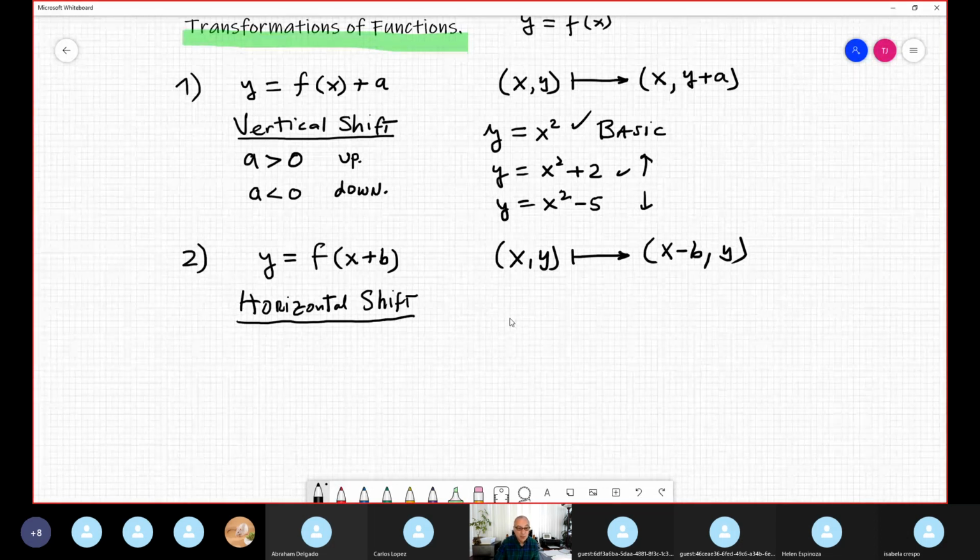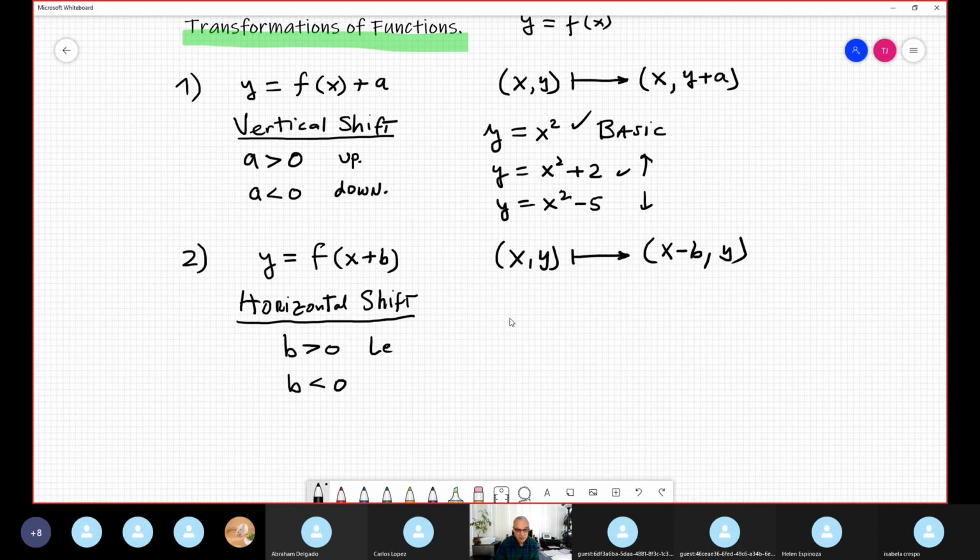However, you analyze when b is positive and when b is negative. When b is positive, the motion is to the left because it's subtraction. And when b is negative, it's to the right. So in conclusion, we come back to y equal x squared. This is the classical example. However, I do the transformation in this way: (x plus 2) squared. Do you see it's different to this?